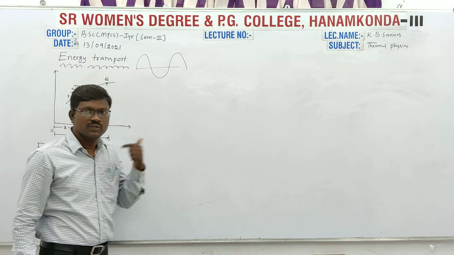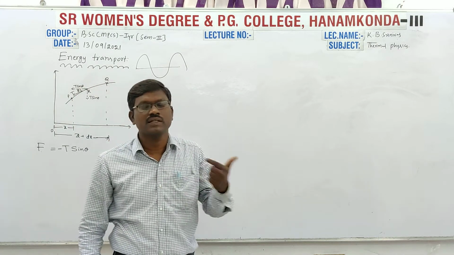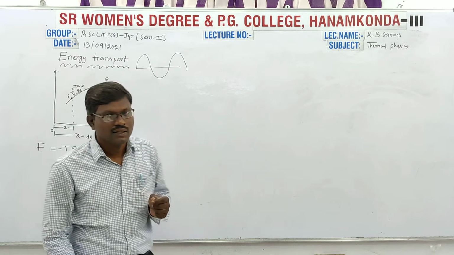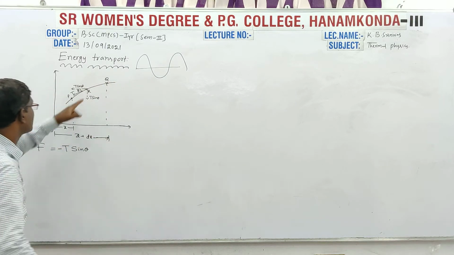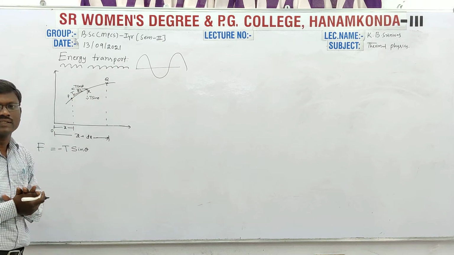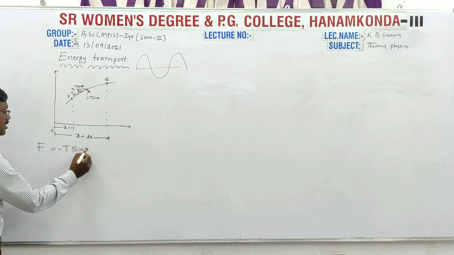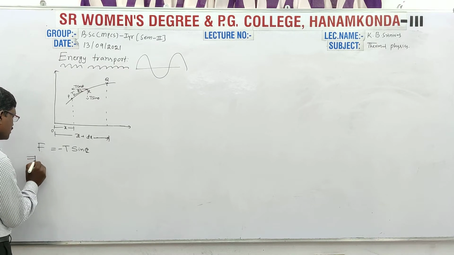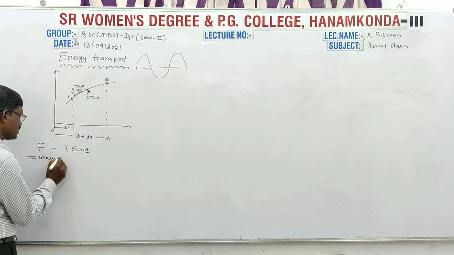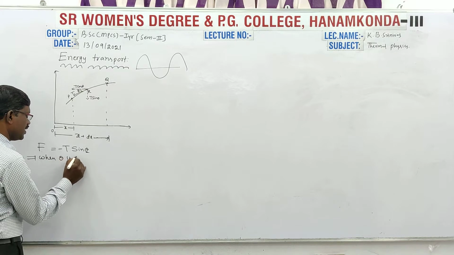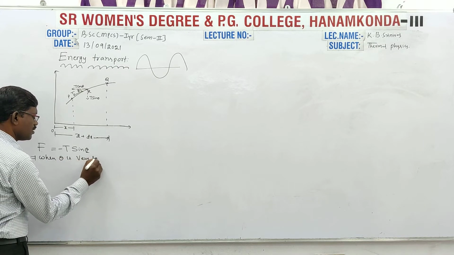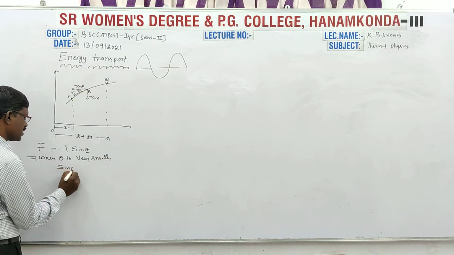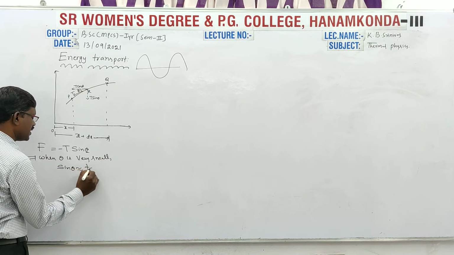During these topics, that is transverse waves, we consider the angle made by the tension with the horizontal axis to be very small. When theta is a very small angle, in such a case we can approximate sin theta as tan theta.